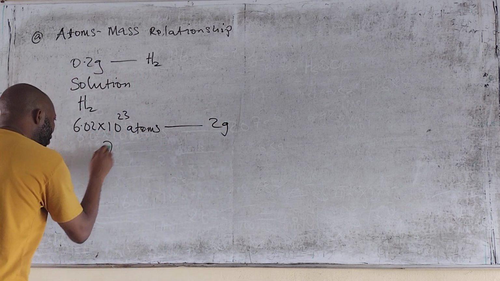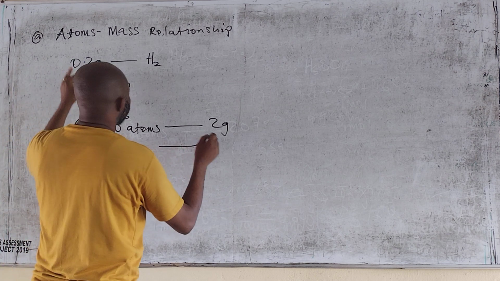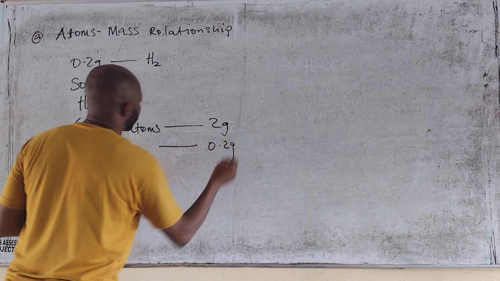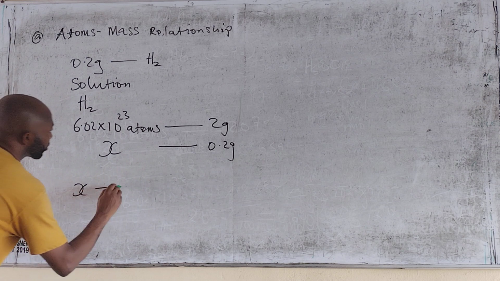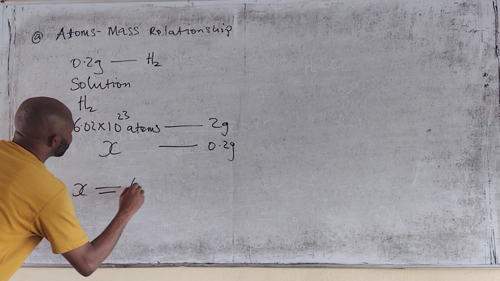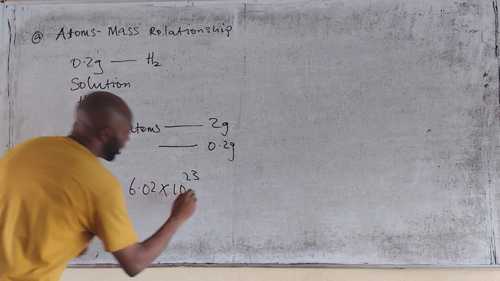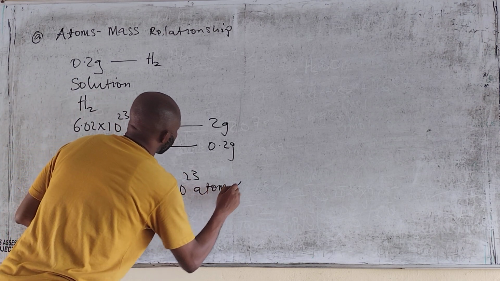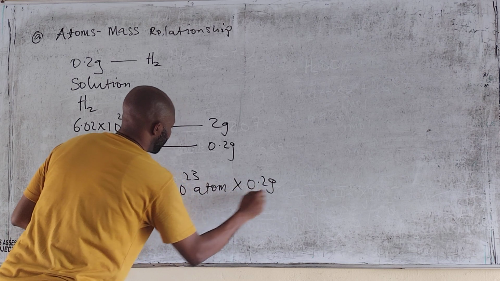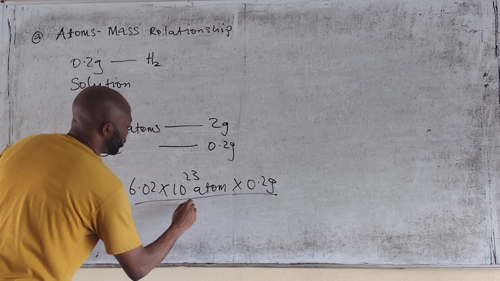Now, how many atoms will give us 0.2 grams? Now, my x is equal to 6.02 times 10 raised to the power 23 atoms times 0.2 grams over 2 grams.